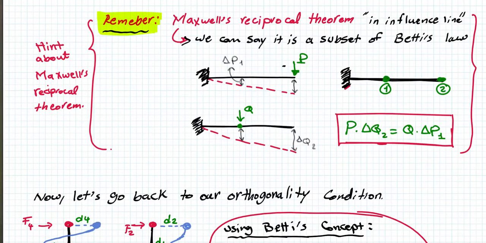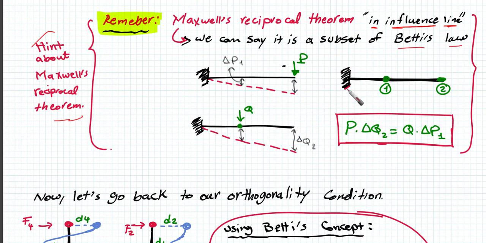So here, remember, this is a hint about Maxwell's reciprocal theorem, which we commonly take in the influence line. It is a subset of Bett's law or Bett's theorem.